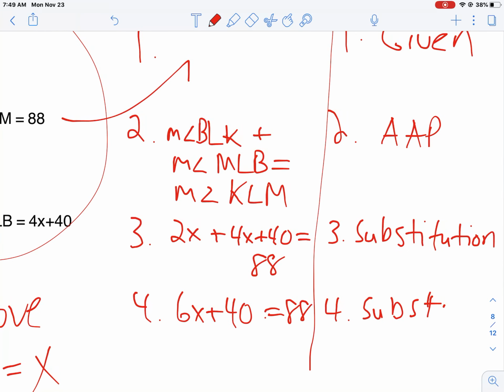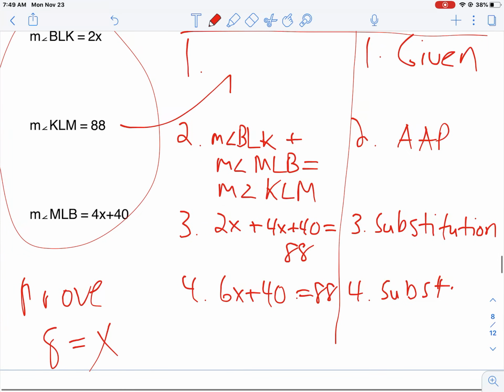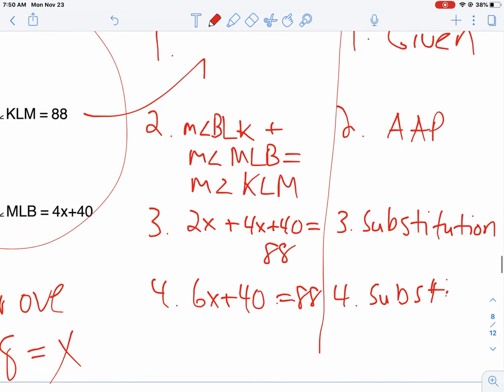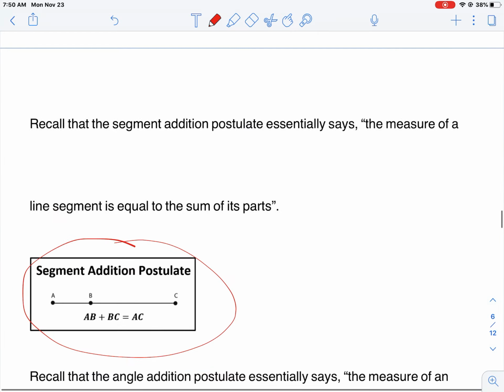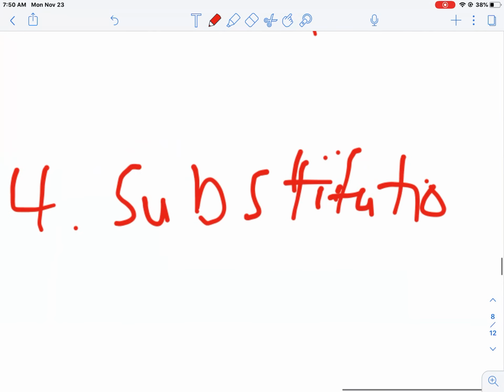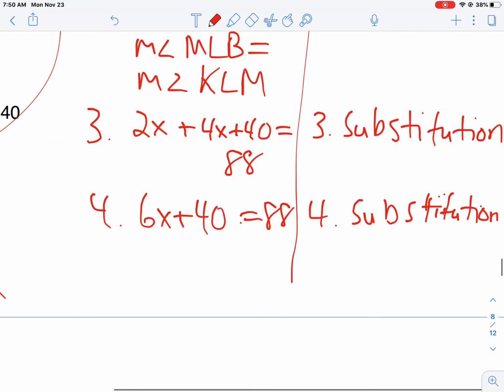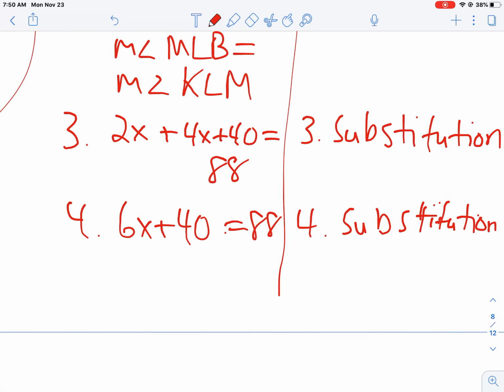So really, you set up the postulate and then you substitute in the values, okay? That's usually how it goes. And then here I combined like terms while the announcements were going on. Okay, combine like terms, it's substitution, right? Instead of 2x plus 4x, I substituted 6x.